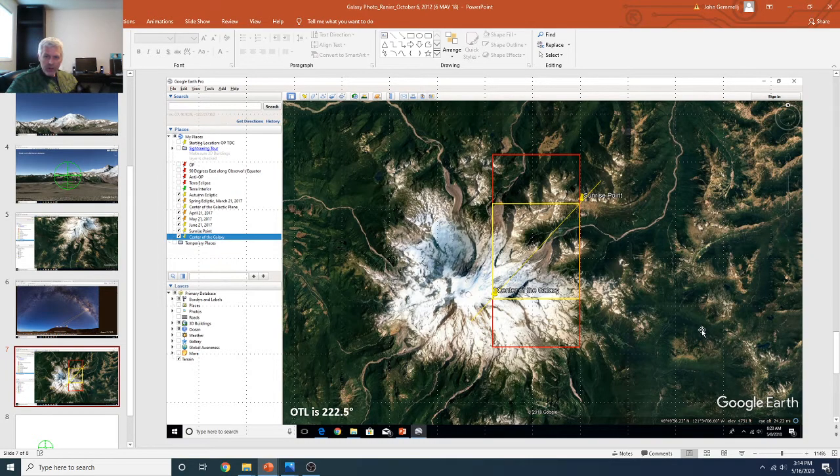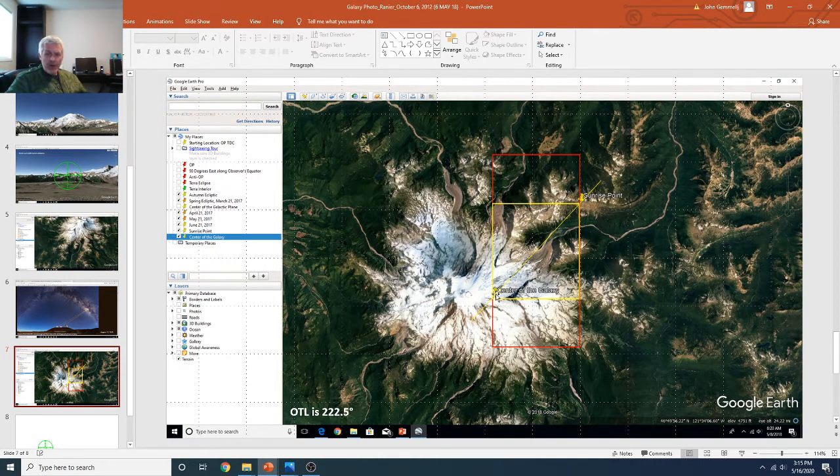Okay, now here's another spot. Here's where I am measuring distance, and so to measure the distance I have to figure out where the terrain feature is over here on Mount Rainier, which is the saddle between that one mountain peak to Rainier summit, and that being my sight aperture.